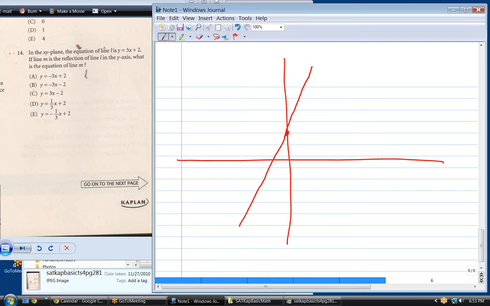There's line L, and they're saying that M is a reflection of line L in the y-axis. So what is M going to look like? Where can I start M? You can start on the y-axis. Okay, so the same point is going to be on M. What's the slope of M?